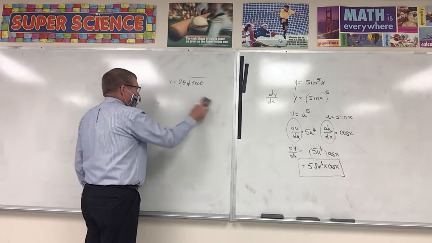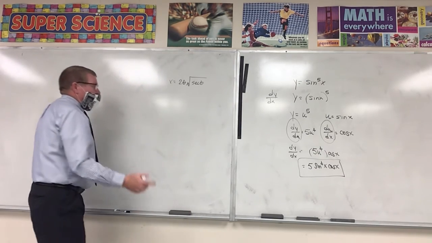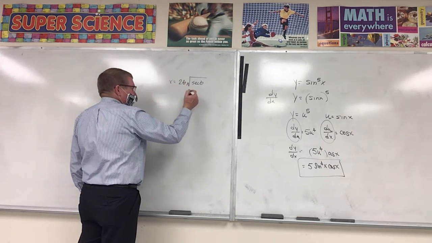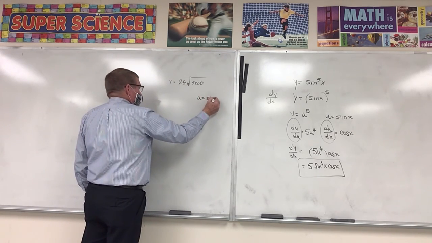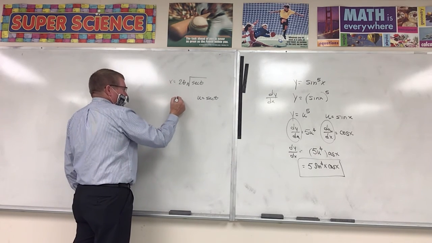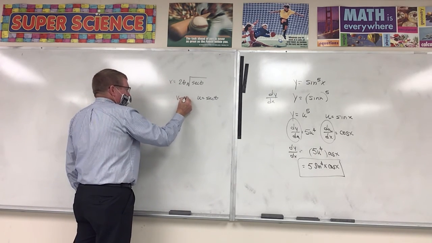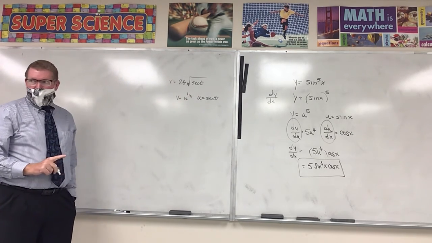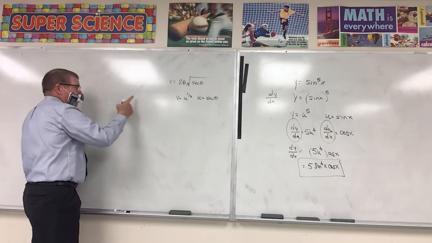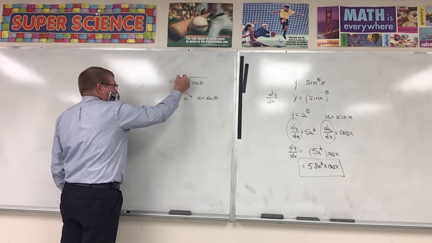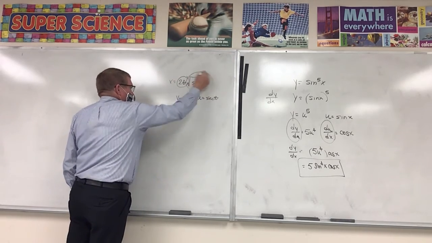Now let's do this differently. My u equals secant theta, and my function v equals u to the 1/2. So I'm going to do that first. Then I'm going to use the product rule. Here's my first, and here's my second.